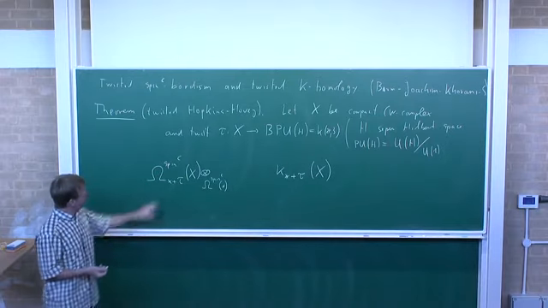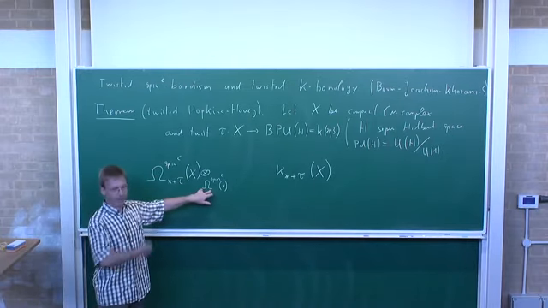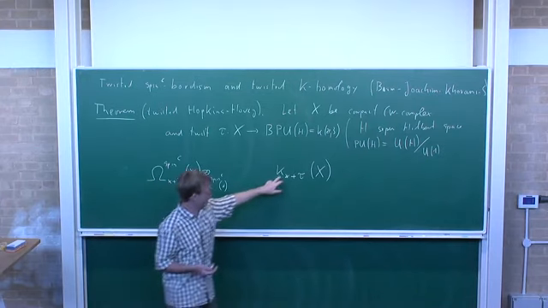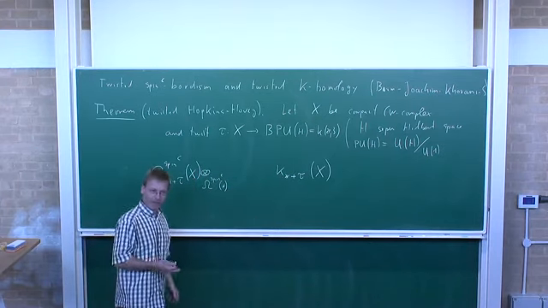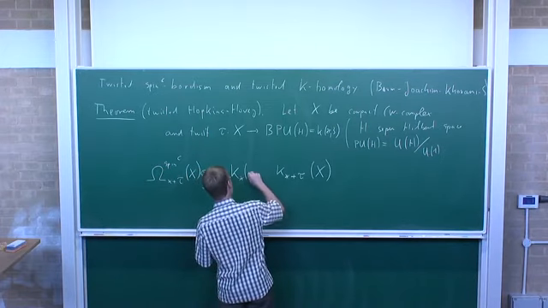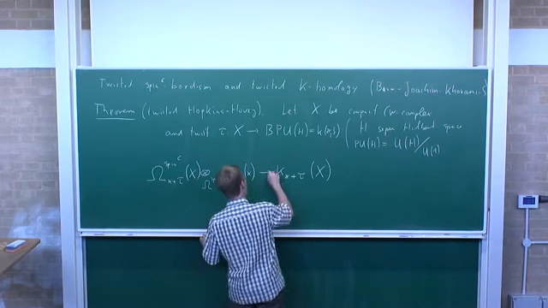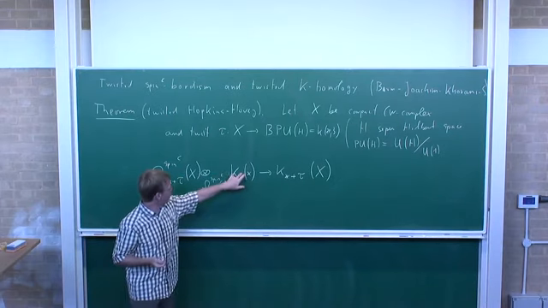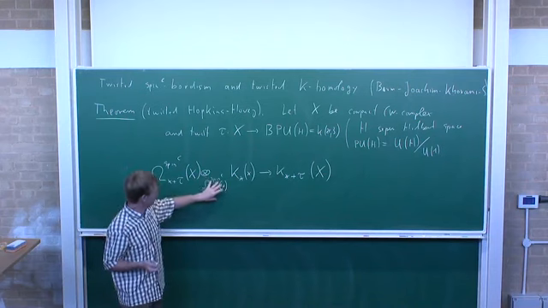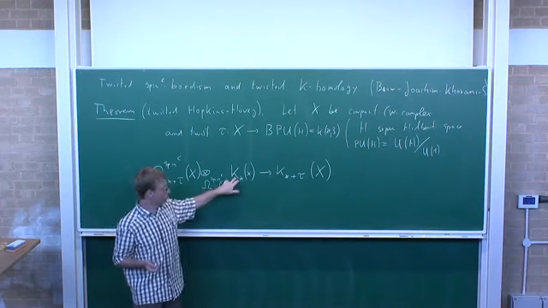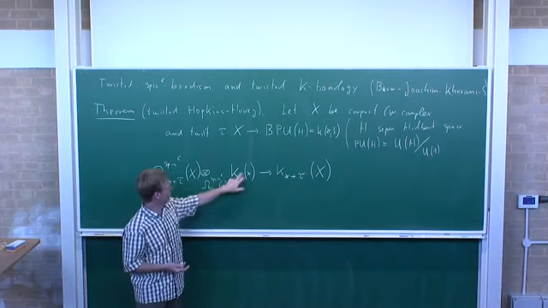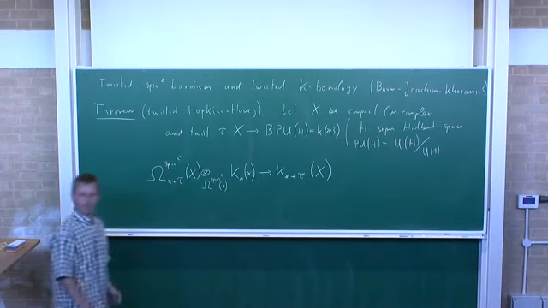So we can tensor this module over this ring with any other module, and what module might come up here to get K-homology? Well, the module K-homology of a point, which becomes a module over that by the canonical orientation map from spin-C bordism to K-homology, which is of course a ring homomorphism, in particular makes this a module over that.